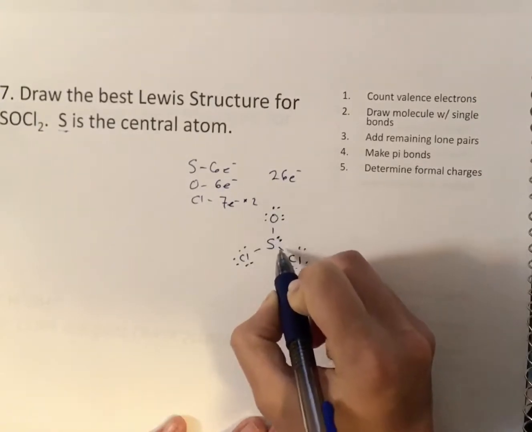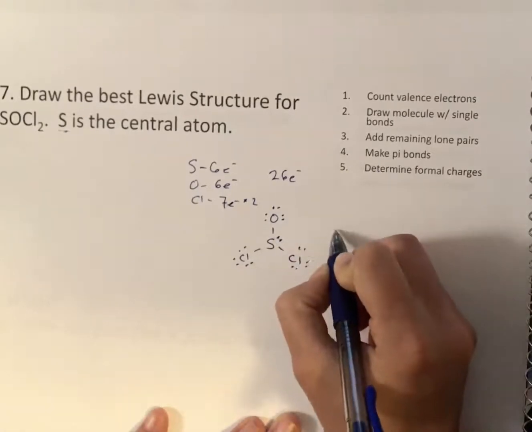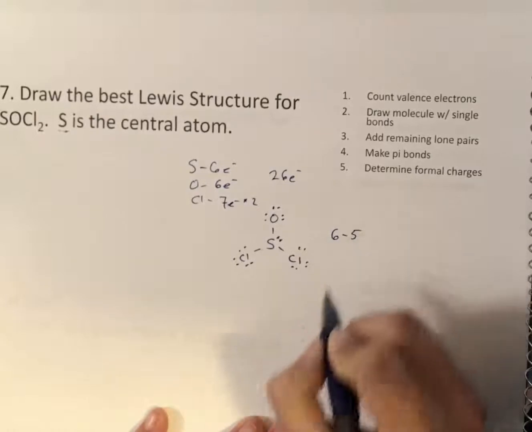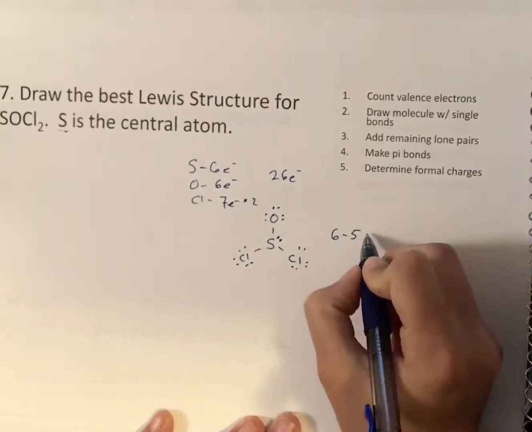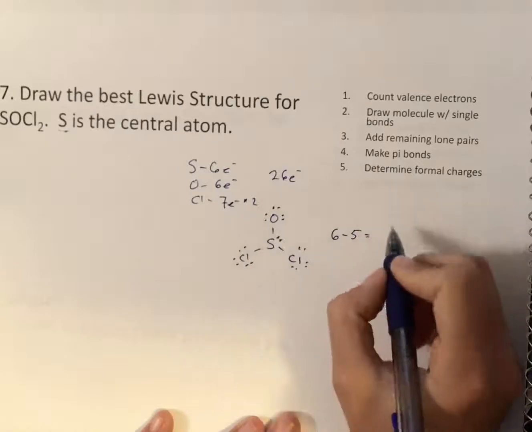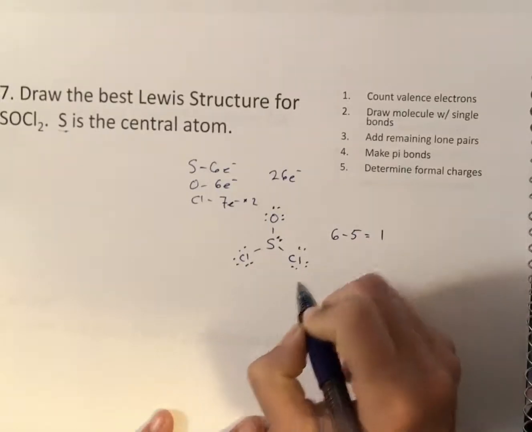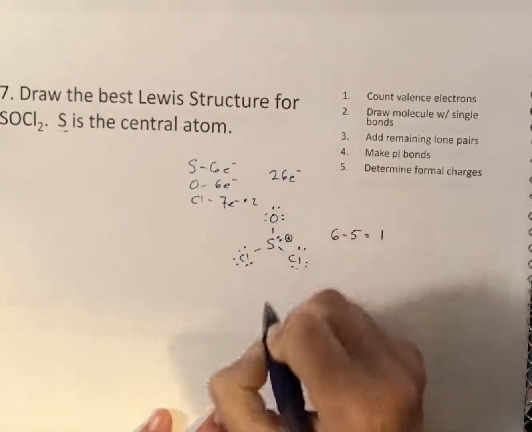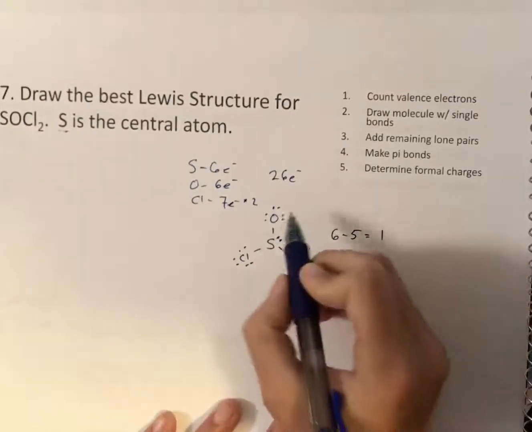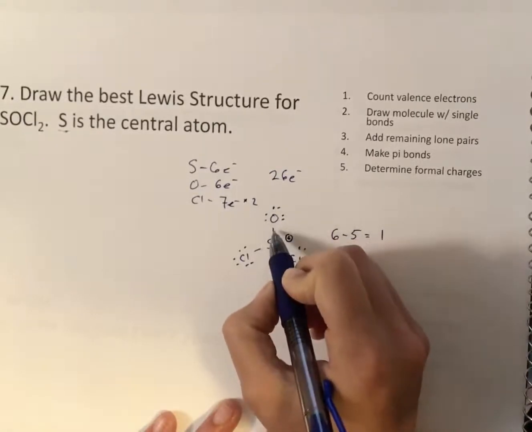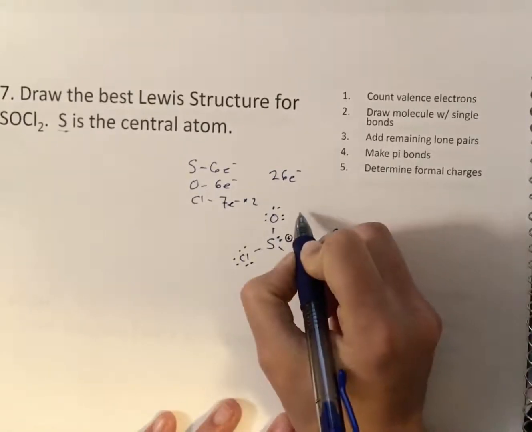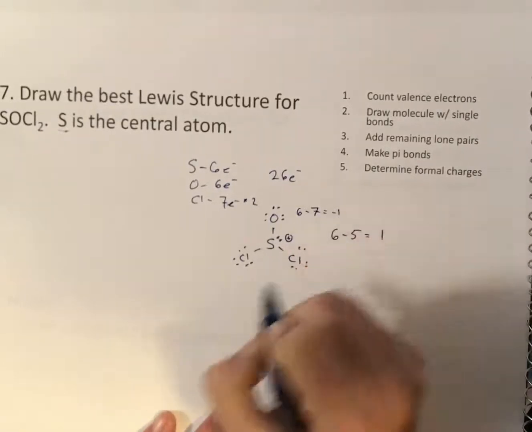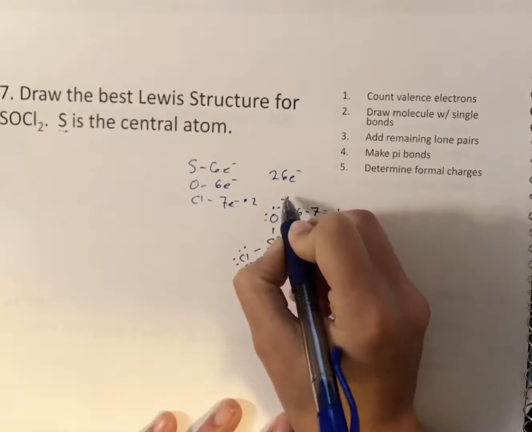So this has 1, 2, 3, 4, 5 electrons associated with it. If it normally has 6 valence electrons, minus the 5 electrons that we found, that's 1. So this guy has a +1 charge. And then if we look at the oxygen, it has 1, 2, 3, 4, 5, 6, 7. It normally has 6, and then we subtract the number that we counted, so it's -1. So the oxygen has a negative charge.